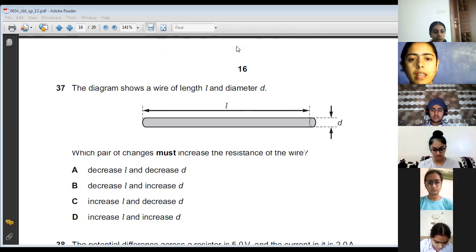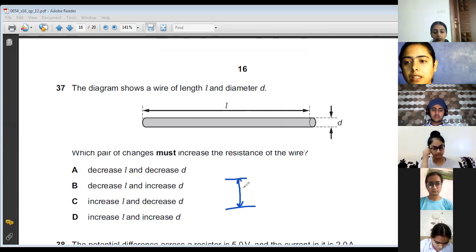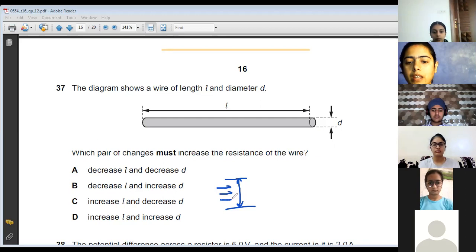So children, what exactly is it that you have to increase the resistance. Increasing the resistance means suppose the electrons are flowing, you have to resist the path. Now let's say if you have a big gate with a huge diameter, then many students are able to pass through it at a time, and you cannot control everyone.